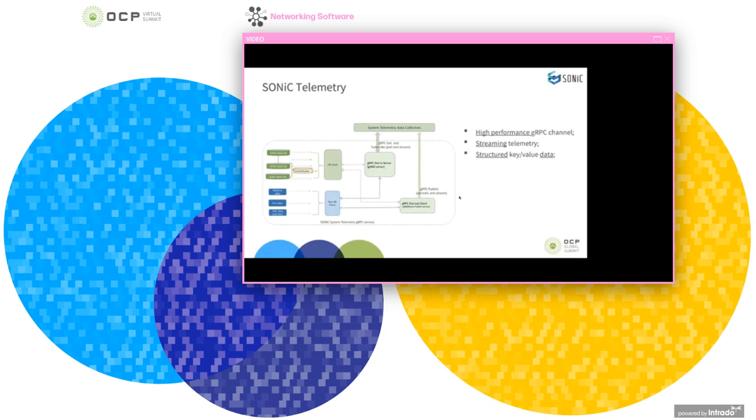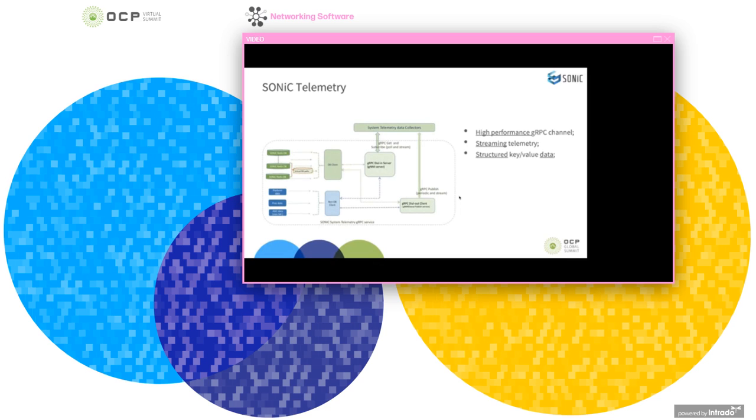Back in 2018, we built a SONiC telemetry module, which supports the gRPC dial-in and dial-out modes that can collect data from the SONiC system DB, and later we extended it to support non-DB clients as well.